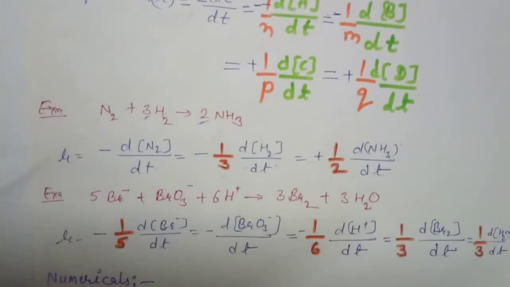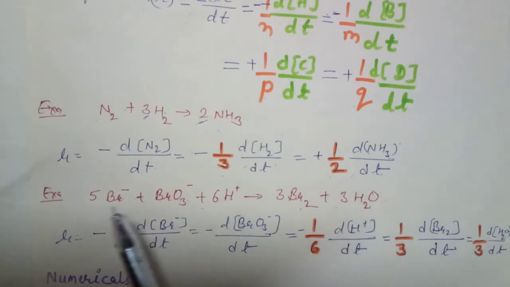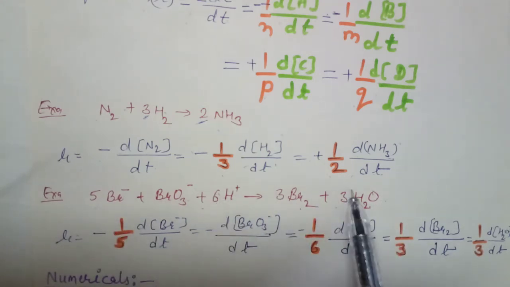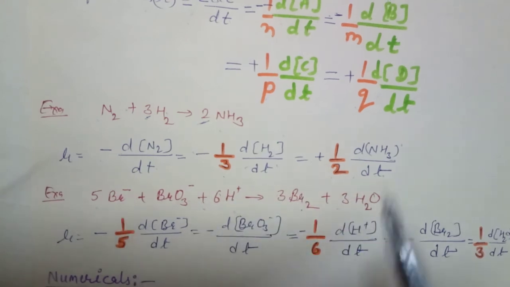Same example: 5Br minus plus BrO3 minus plus 6H plus is equal to 3Br2 plus 3H2O. 5, 1, 6, 3 and 3 are the stoichiometric coefficients, so dx upon dt is divided by these stoichiometric coefficients.